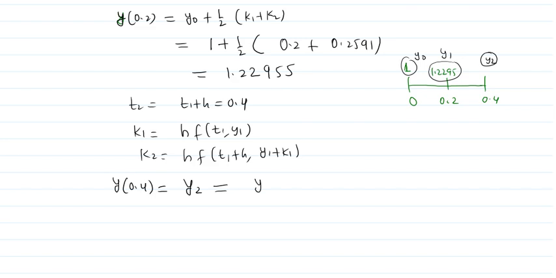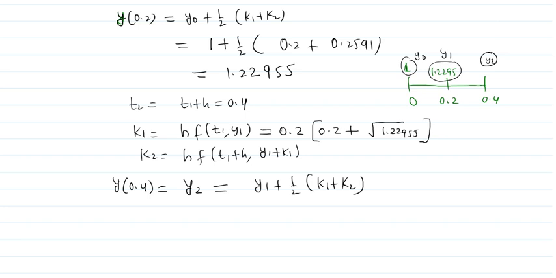So y2 will be y1 plus 1 by 2 of these new k1 and k2. Okay, so just calculate all these values and fit them here, and you can check. So this will be 0.2 times (t plus under root y), t is 0.2, under root y is under root y1, so 1.22955. You can check with a calculator.